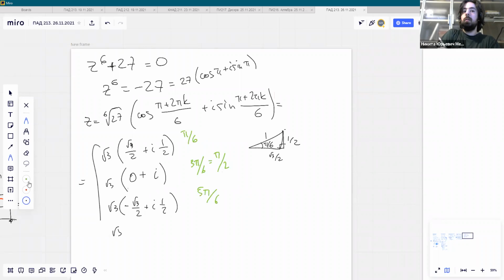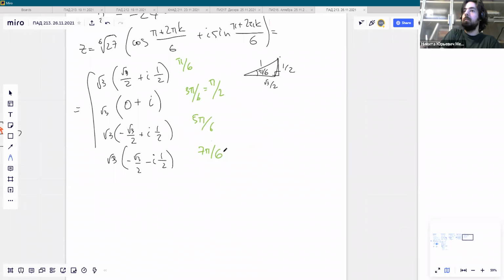So the next one is 7 pi over 6. I will not describe in detail why, but the values will be like this. Again, you can think about which quadrant this angle is in and apply some formulas from school mathematics, and you will get it.